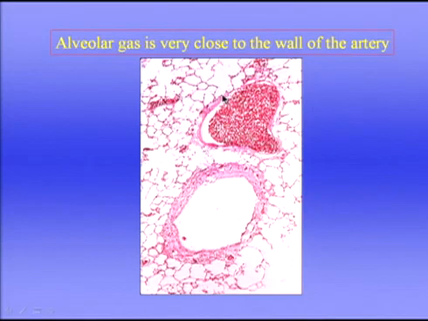So the result is that there's diffusion of oxygen and the PO2 in the wall becomes very low, and this induces a change in the vascular smooth muscle. Now, there's a great deal of research on exactly what's happening, and we're not completely clear yet, at least I'm not, as to the exact phenomenon.